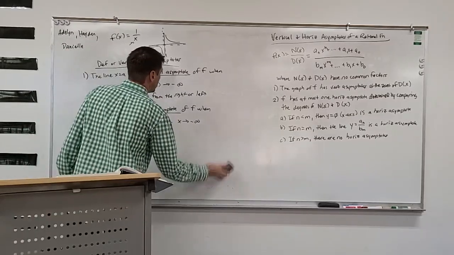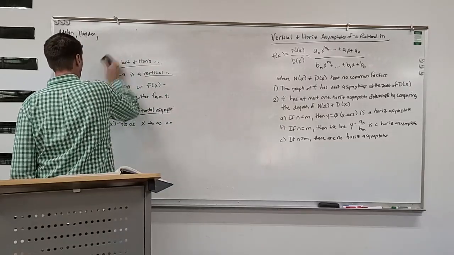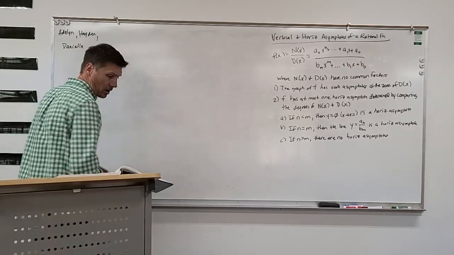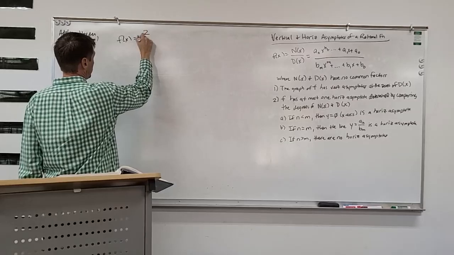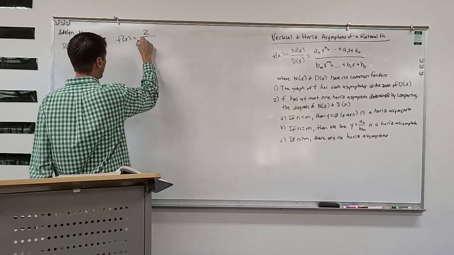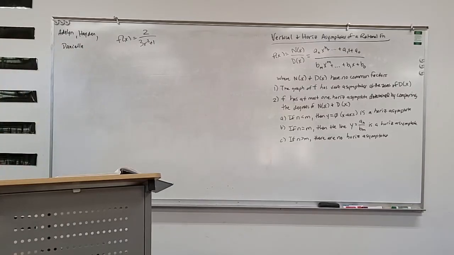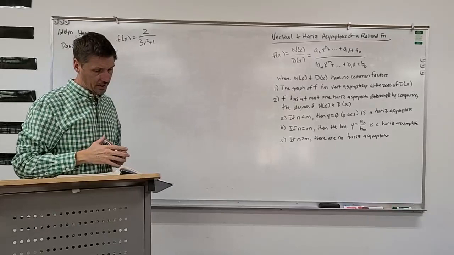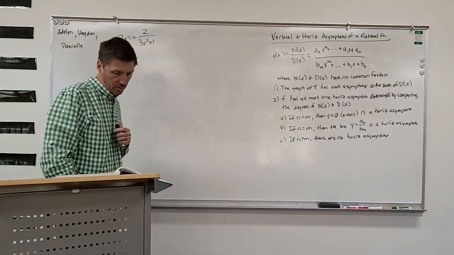So, let's look at an example. Try to apply those rules. For this one here, f of x equals 2 over 3x squared plus 1, and we're asked to find all the asymptotes of the graph.